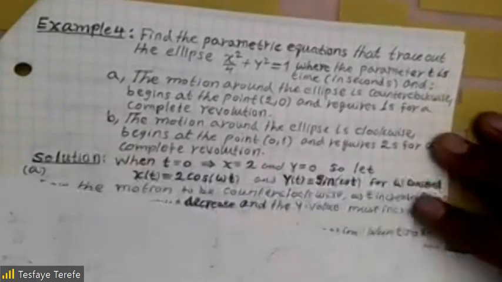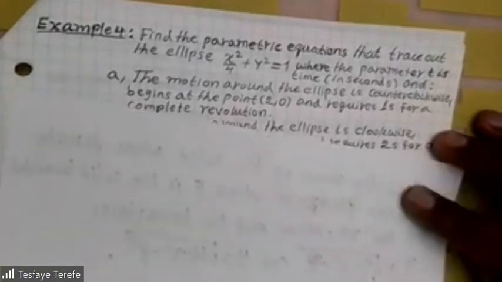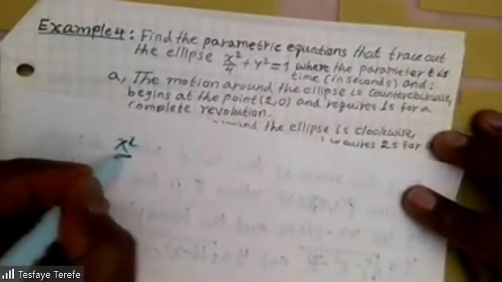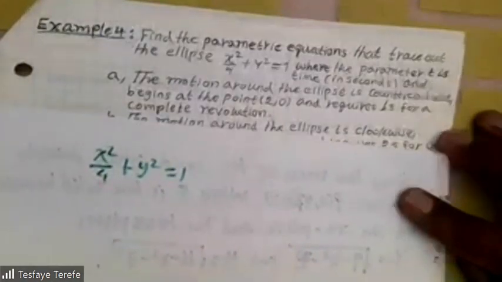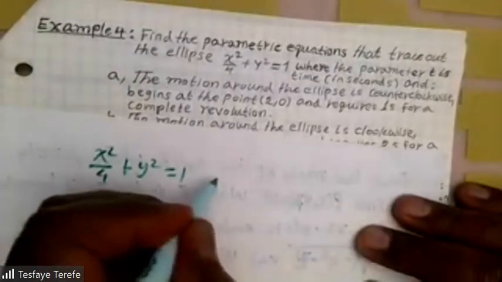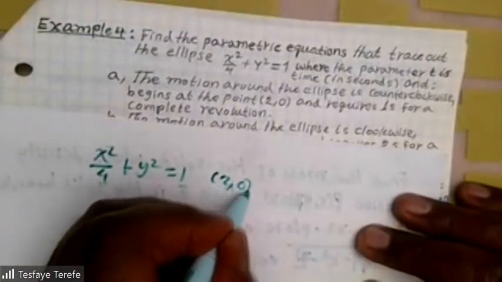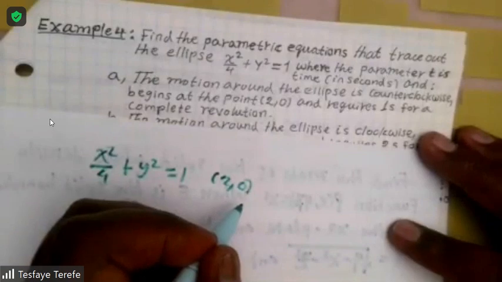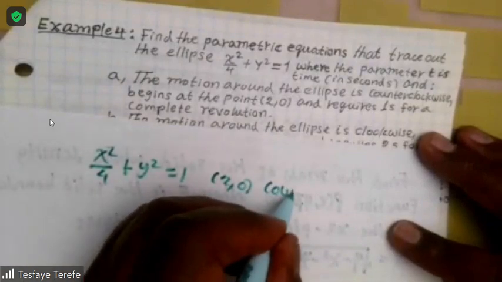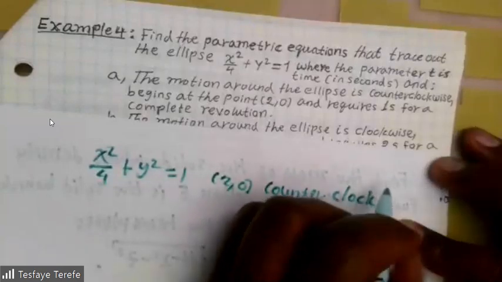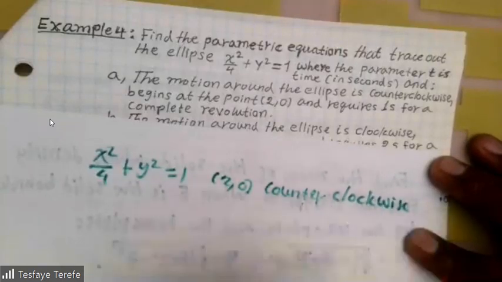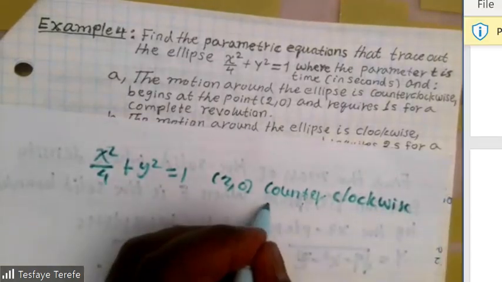Okay. Sorry, I will write it. Let me write the equation. x squared over 4 plus y squared is equal to 1. And the starting point first is (2, 0), and this is counterclockwise, in 1 second.